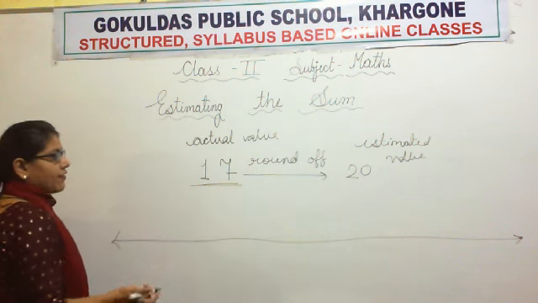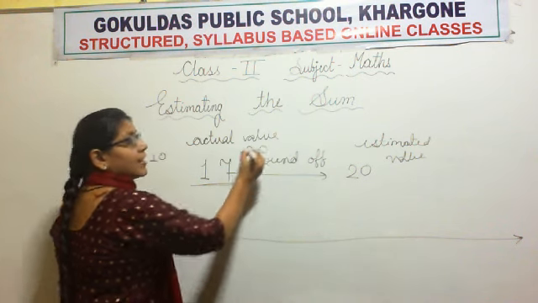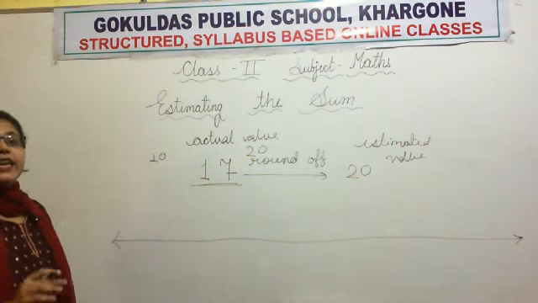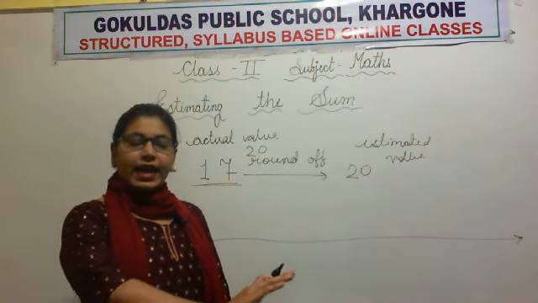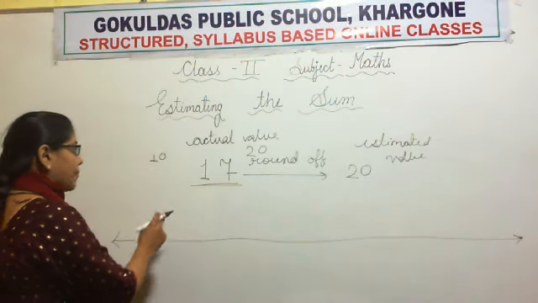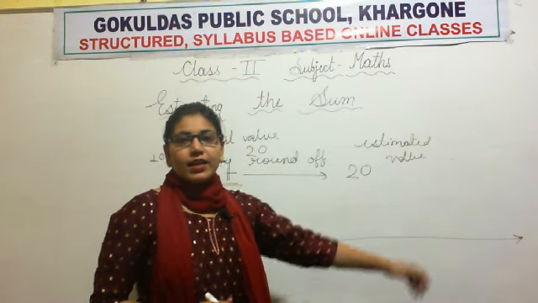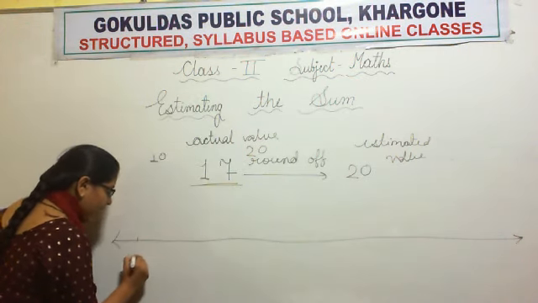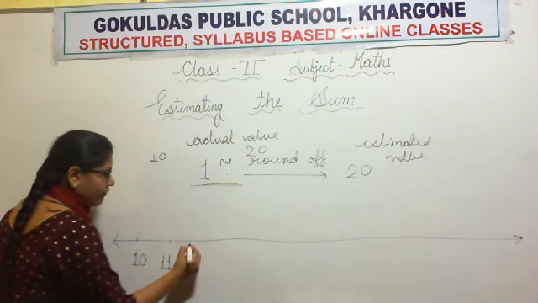Number 17 is given there. So 17 lies between 10 to 20. So what we will do? First of all, we will make a number line and then we will mark numbers from 10 to 20 on the number line. So let's mark 10. What comes after 10? 11. Very good.